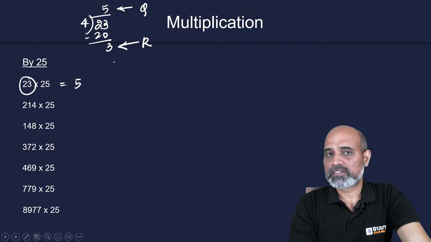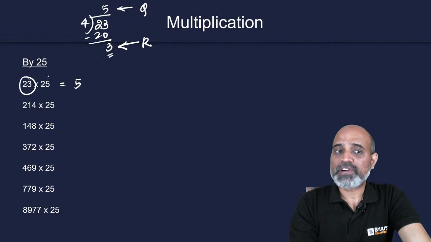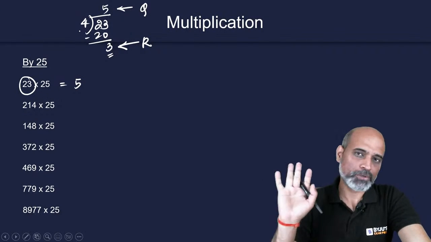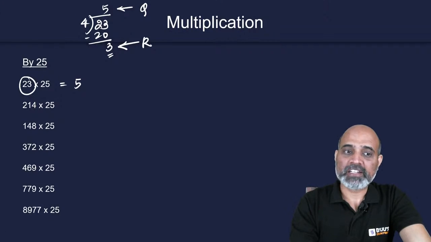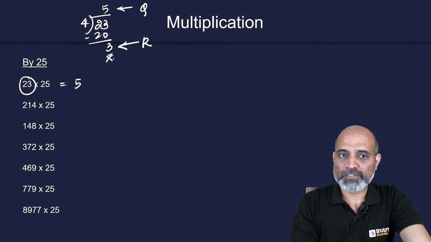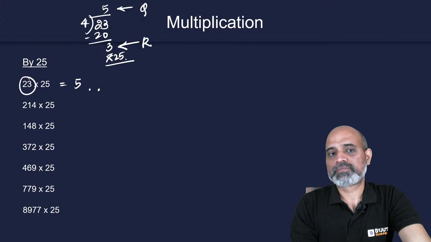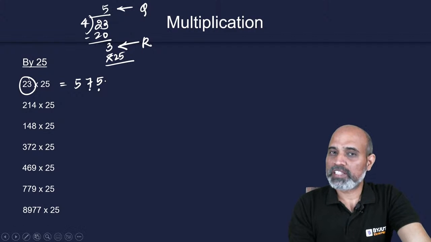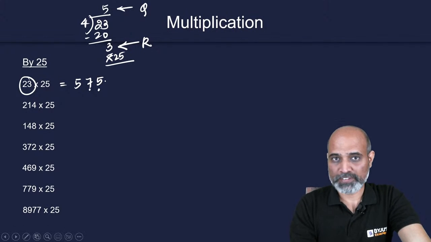Remainder is 3. Now, you can't divide 3 by 4 further. It will give you point. Point में तो नहीं होगा answer. So point ignore. So that remainder into 25 will give you the last 2 digits. 3 into 25, 75. So 23 into 25 is 575.